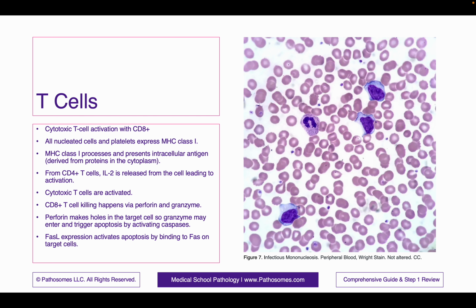The cytotoxic T cells are activated, and CD8 positive T cell killing happens via perforin and granzyme. Perforin, as we know, makes holes in the target cell so granzyme may enter and trigger apoptosis by activating caspases. Fas-L expression activates apoptosis by binding to Fas on targeted cells.